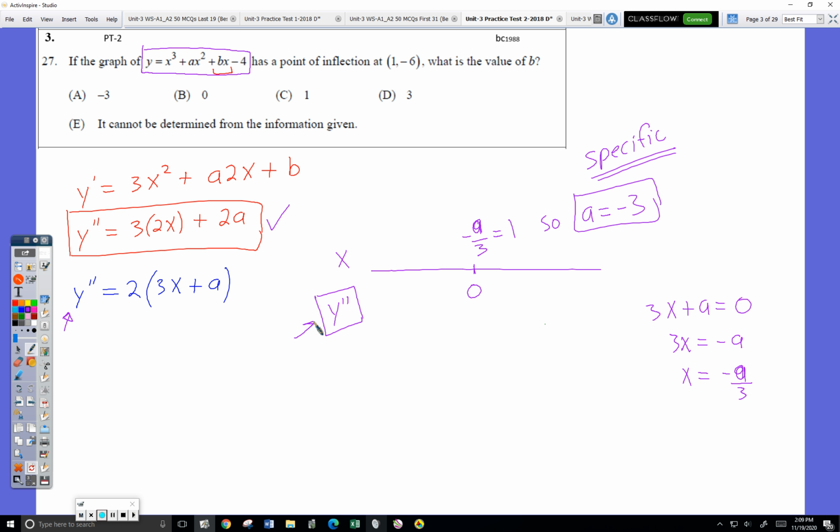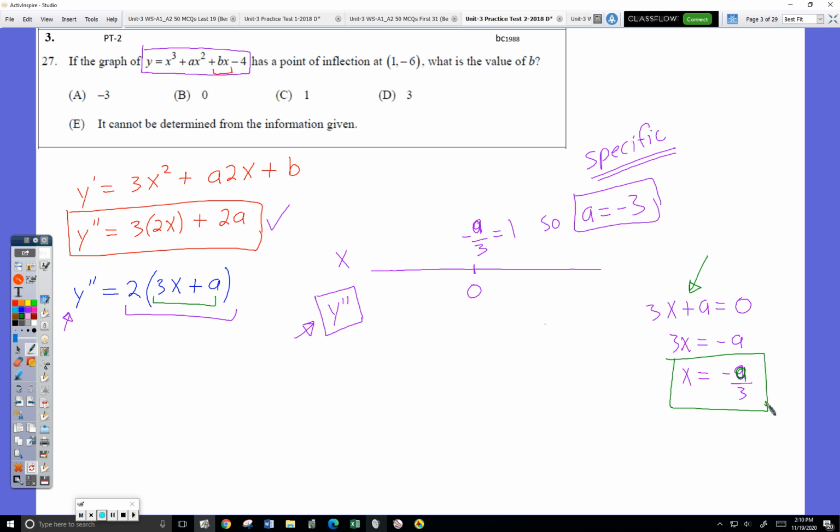With me? So we said we need to factor y double prime. Then we did your method. You and Sammy did this last time. You said, oh, I need to figure out what will cause this to equal 0. So instead of doing it in our head, we wrote it down. And we figured out that when x has a value of a over 3, y double prime will be 0.